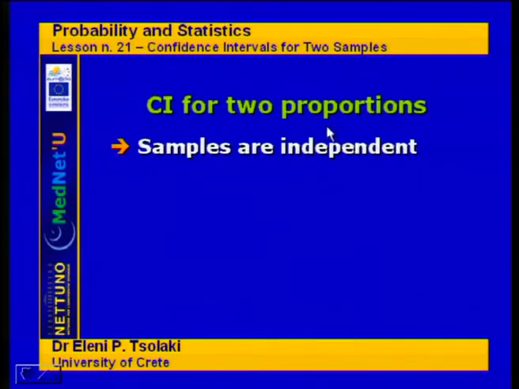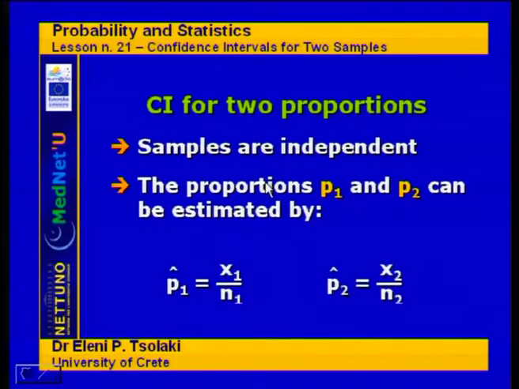We assume for the proportions that the samples are independent. And now, the same way as for one sample, we assume that the proportions can be estimated, P1 by using x1 divided by n1 and P2 by x2 divided by n2.